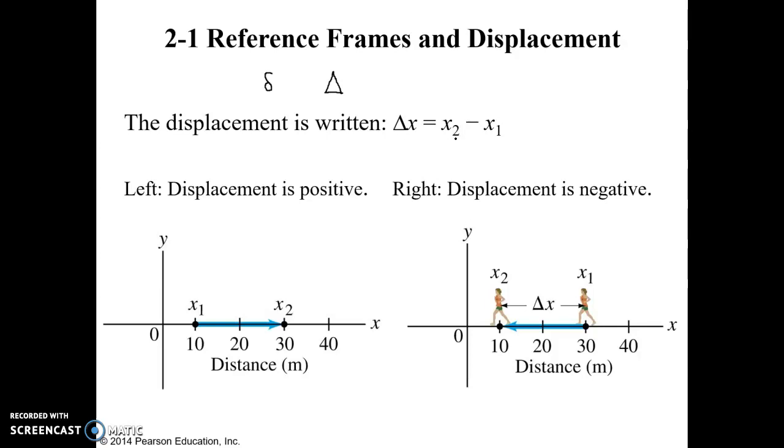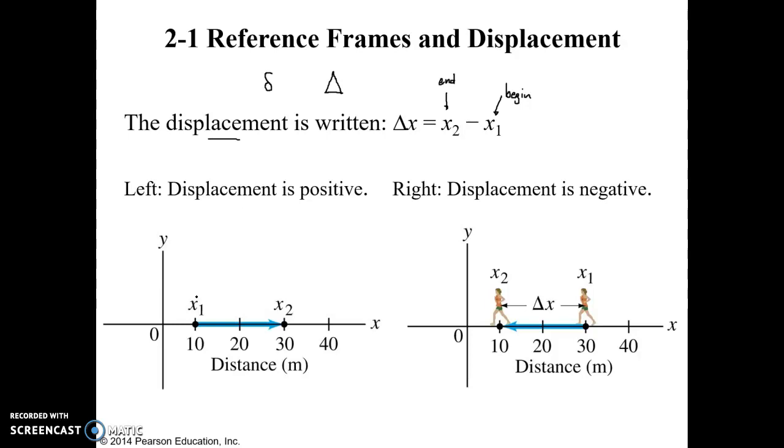So delta x is x2 minus x1, where we ended up minus where we began. We begin at x1, we end at x2. If we take x2 minus x1, that gives our delta x, our change or displacement in position.